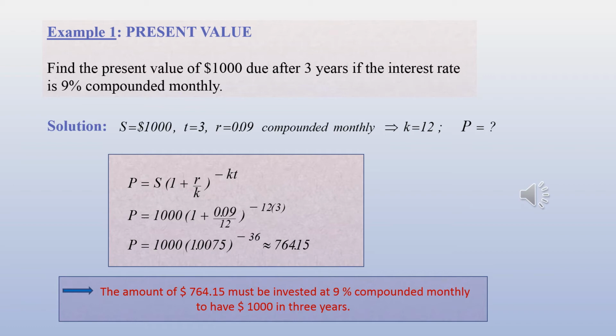So now P is equal to 1000 multiplied with 1.0075, which we get from 1 plus 0.09 divided by 12, to the power of minus 36. Minus 36 we get from 12 multiplied with 3. So we have the result of about 764.15. It means that about $764.15 must be invested at 9% compounded monthly to have $1,000 in 3 years.